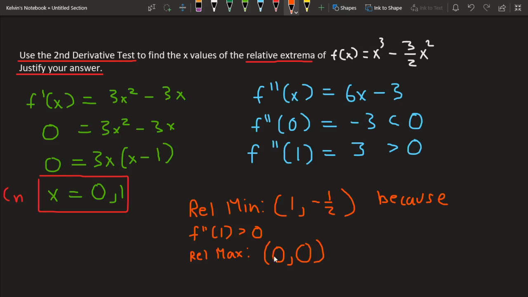So there's a relative maximum at 0, comma 0, because, and we simply say it is because f double prime of 0 is less than 0, my bad. So this is how you would use the second derivative test to find relative extrema and justify your answer.